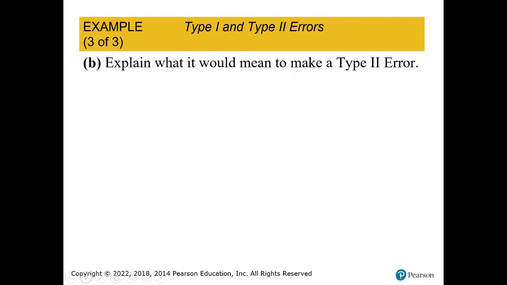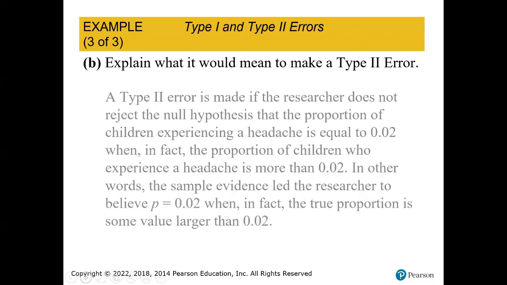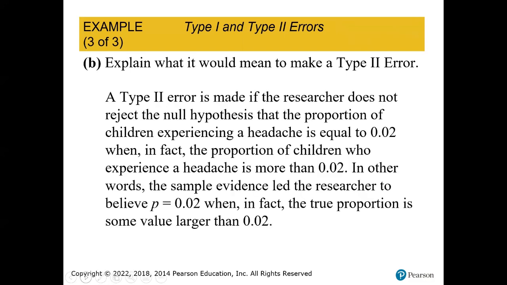Type 2 error is when I do not reject the null, when in fact I should have. Okay, so a type 2 error is made if the researcher does not reject the null, that the proportion is equal to 0.02, when in fact the proportion is greater. So type 2 is when you claim do not reject when I should have.